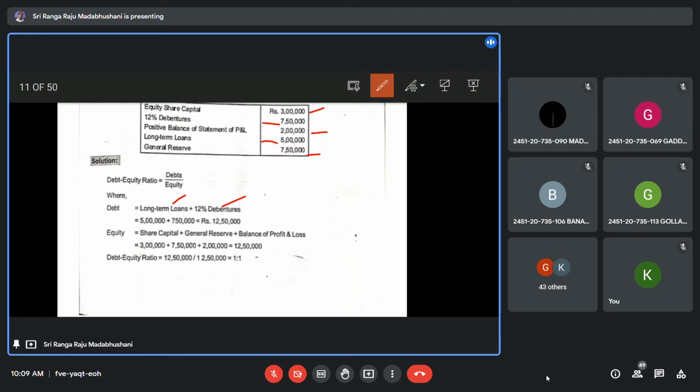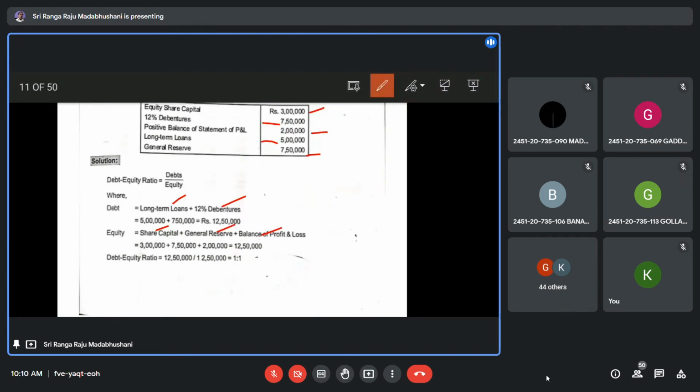So a debenture is nothing but a loan, with a predefined interest rate and predefined repayment period, the term of payment. Then equity share capital, general reserve, and balance of profit and loss account.